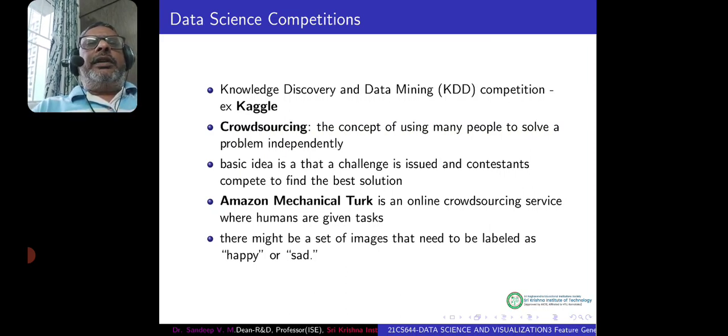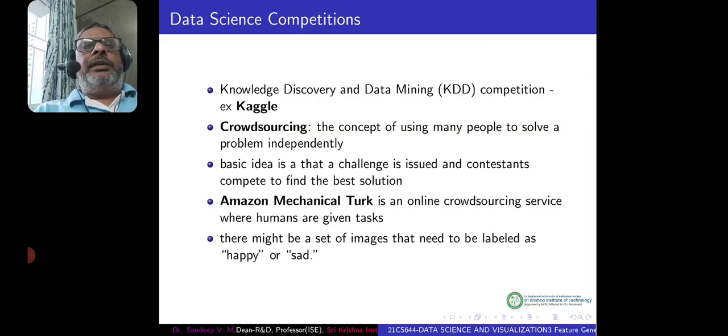Then we have crowdsourcing, the concept of using many people to solve a problem independently. The basic idea is that a challenge is issued and contestants compete to find the best solution.